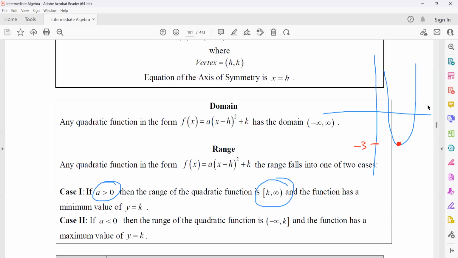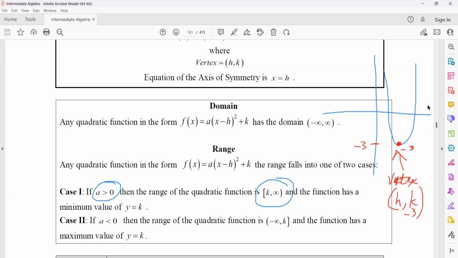And which is our vertex? And we are saying our vertex for a standard is (h, k). Now, k is the y value of the vertex. So this part here will be -3. This k will be -3.